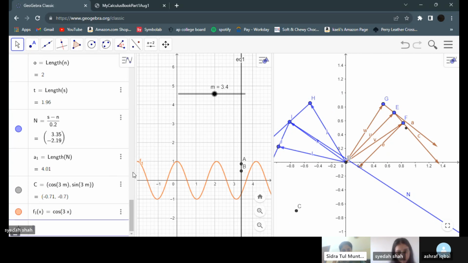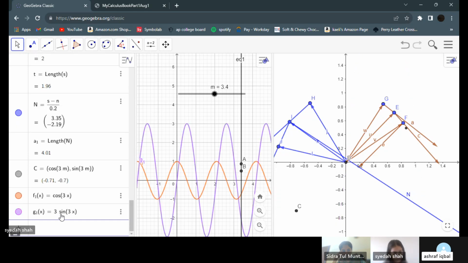Now take the derivative of cos of 3x. Very good. Now take one more derivative of it.